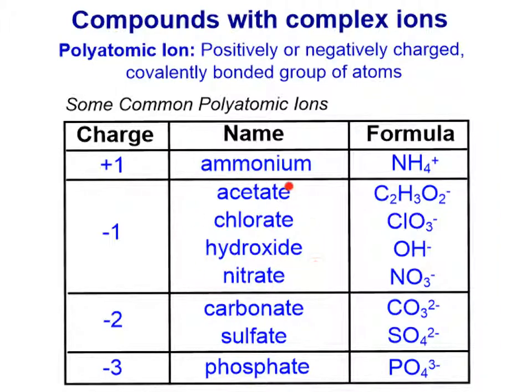Here are some polyatomic ions that have a -1 charge. You can see the minus charge for each of those. Here's some polyatomic ions that have a -2 charge, carbonate and sulfate. Again, they are thought of together as a single group, a single unit. Phosphate has a -3 charge.